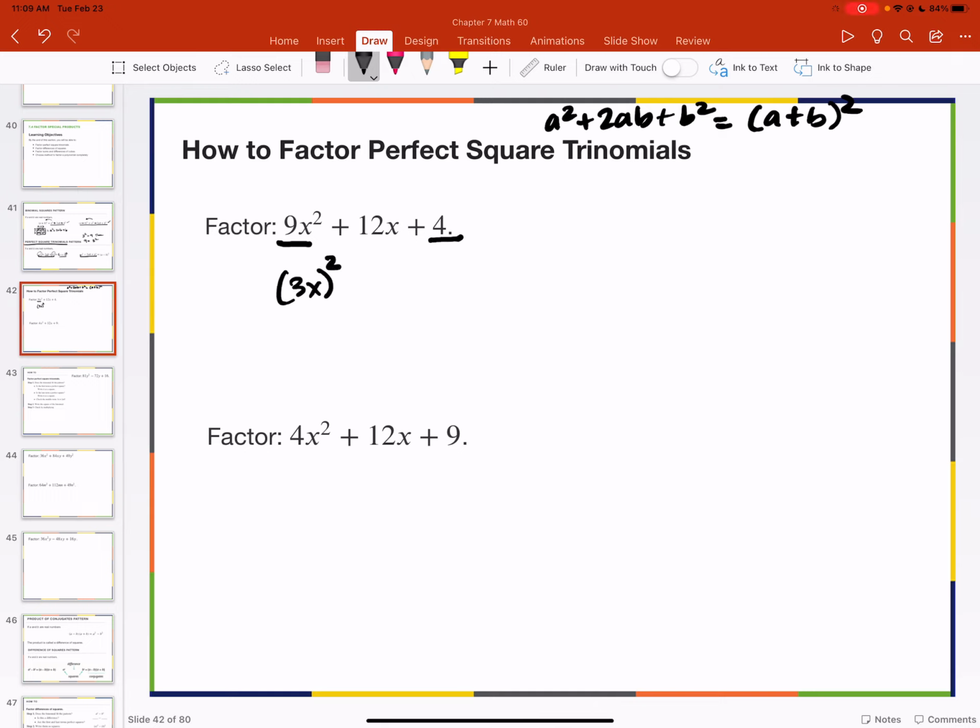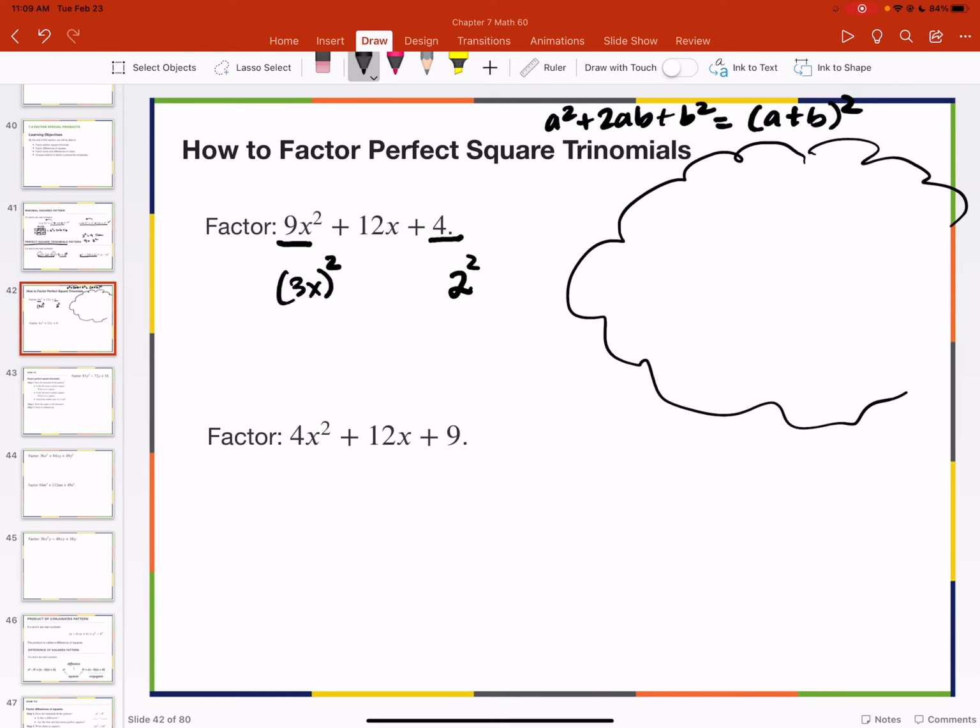Is the last term a perfect square? Yes, it is. Okay, so these are the questions you need to be asking yourself when you look at a trinomial to use this shortcut, right? So the first question is, is the first term a perfect square? Then, is the last term, or the third term, a perfect square?